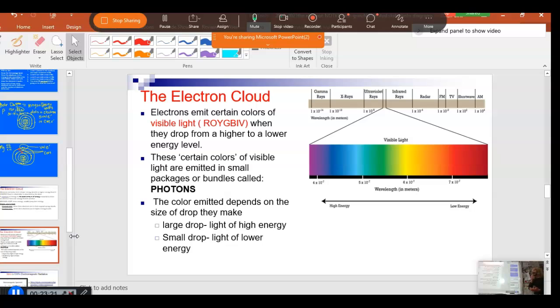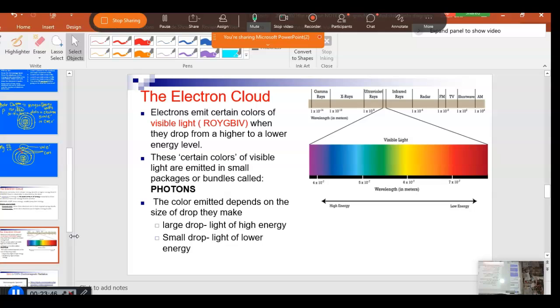Okay, so just a quick review of the electromagnetic spectrum and electromagnetic energy. All of these colors of light make up white light. The reds and the oranges and the yellows carry low energy, and your indigos and purples and blues carry high energy.